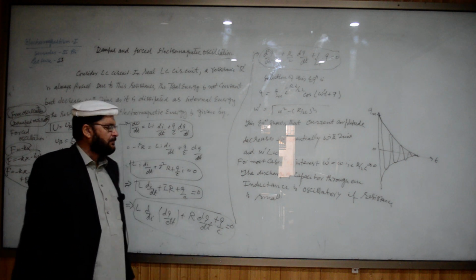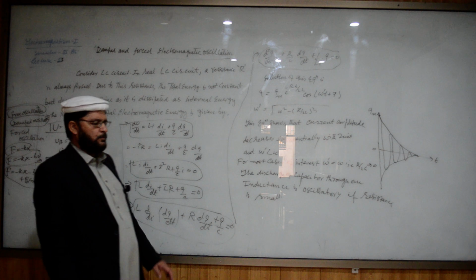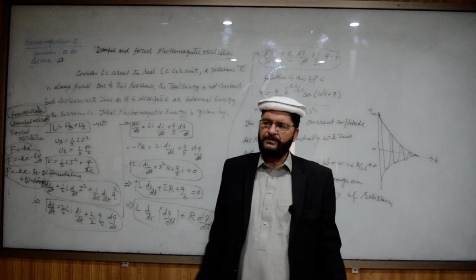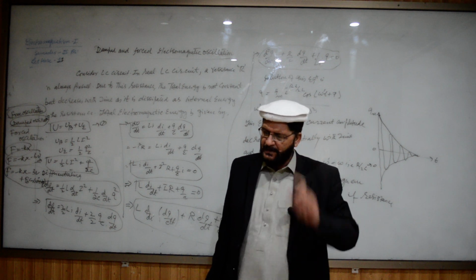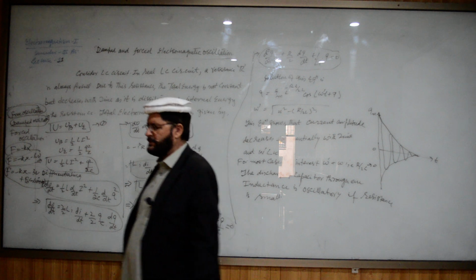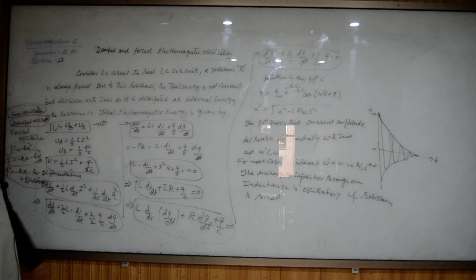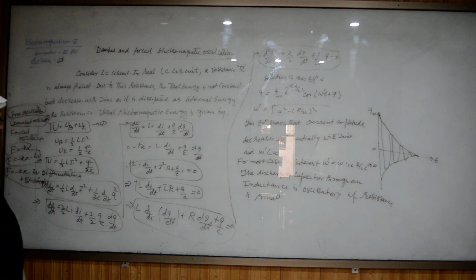While in case of forced oscillation, if you attach an electromotive force, a source such as a battery, which keeps the current in the circuit constant and gives that amount of energy which is dissipated in the circuit, then you can take that oscillation as forced oscillation.